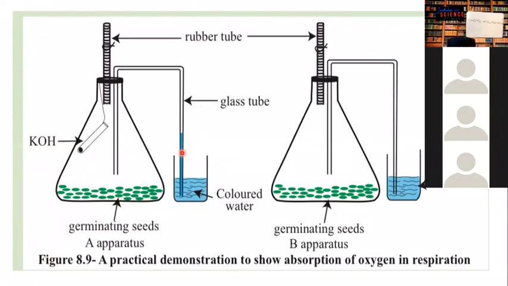Next question. What is the observation in the B apparatus? Give reasons. Write down: No change in B setup, because the absorbed volume of oxygen is equal to the released volume of carbon dioxide.